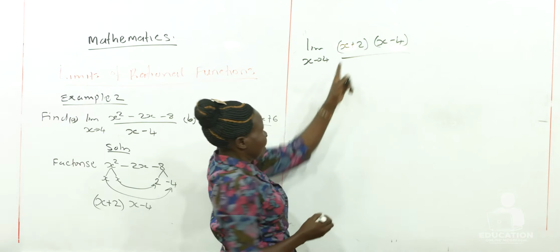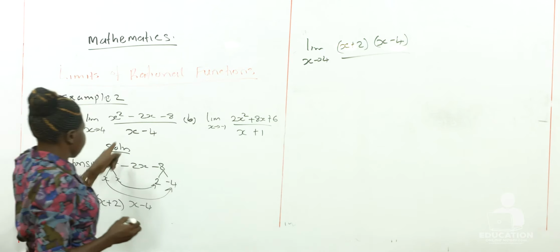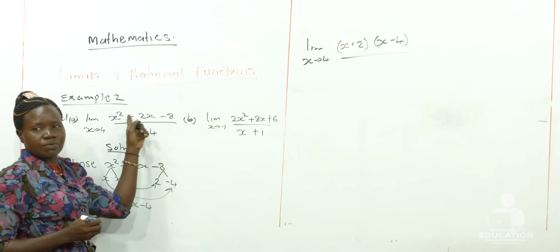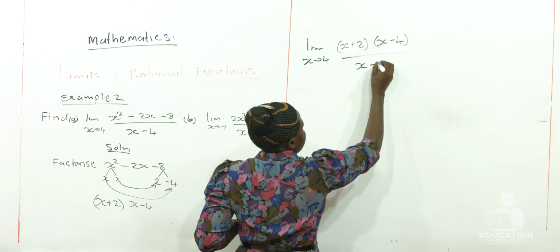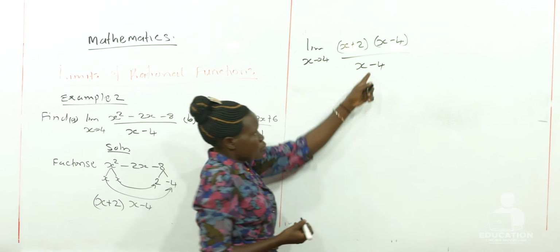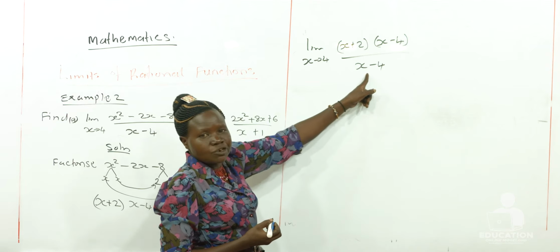When we open the bracket, we shall come exactly to the numerator, over x minus 4. So you'll find that we have one factor which matches with the denominator.